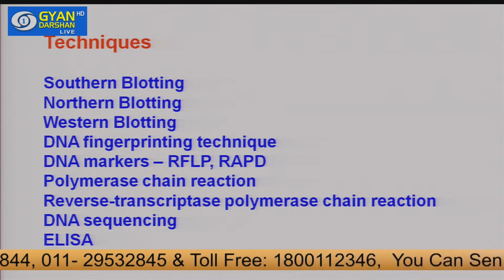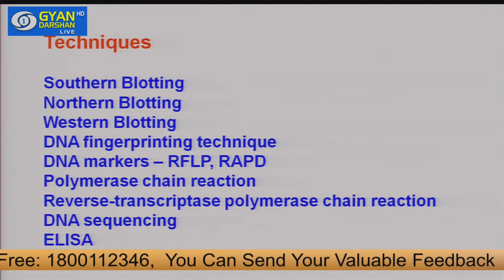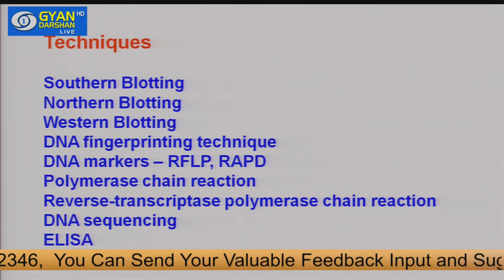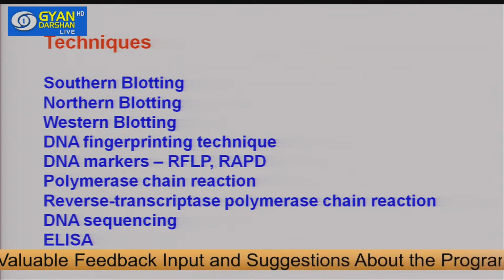These techniques are included in BBYET 143, that is Economic Botany and Plant Biotechnology, in Unit 13 of Block 4. You will find all these techniques in this unit, and I'm going to explain them one by one.